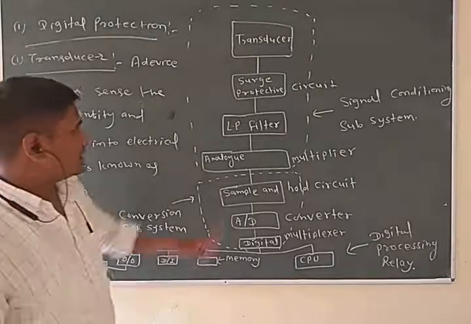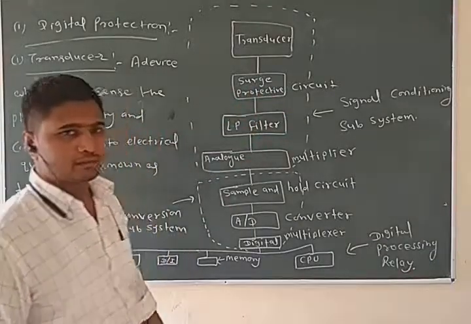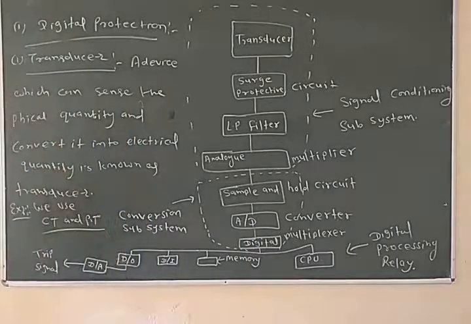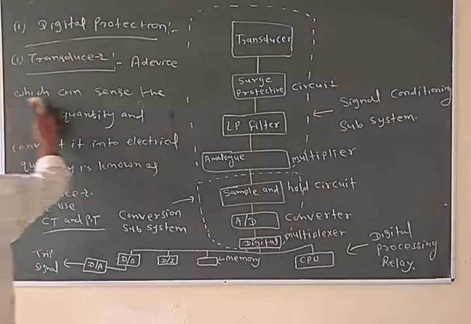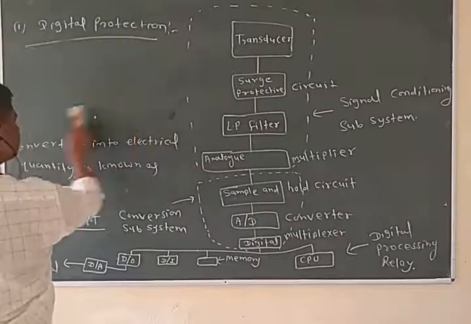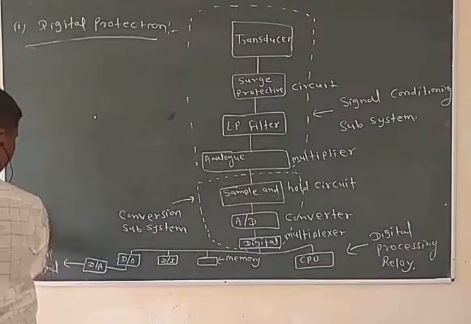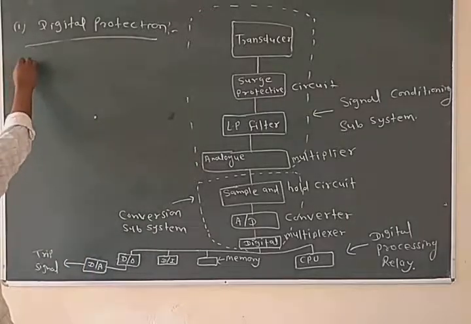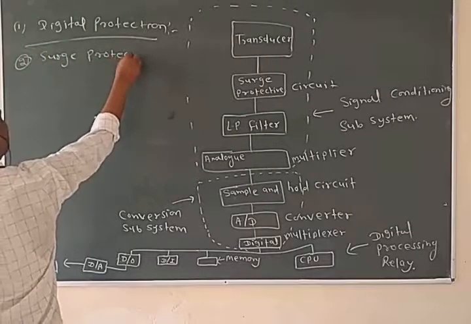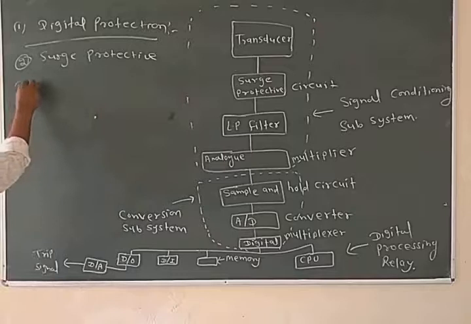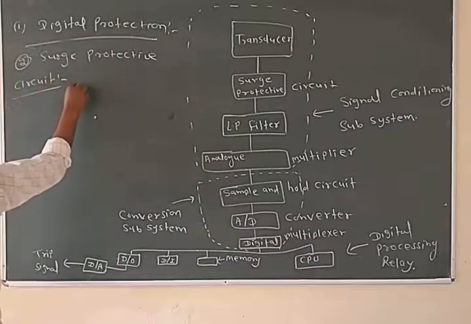After CT and PT, the signal goes to the surge protective circuit. A surge protective circuit provides protection against high frequency signals. It consists of capacitors.